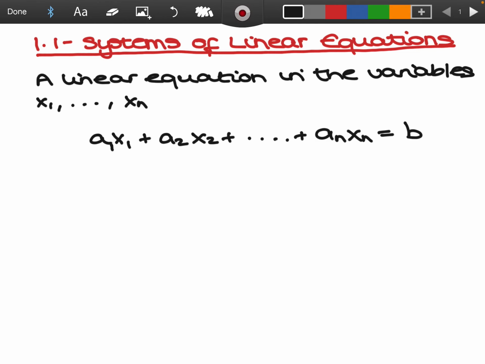And you go all the way through till you get to an xn, and then it equals another constant b. So each one of the ai's is a constant. Okay, and b is a constant.